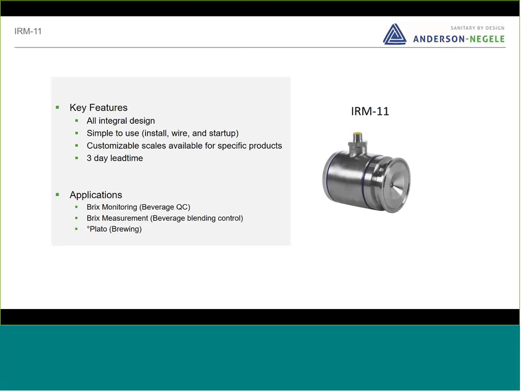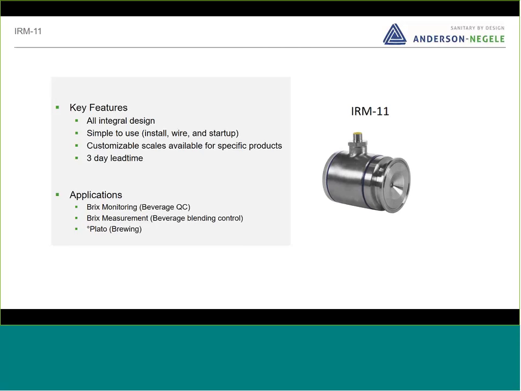We're going to work with a concentrated orange juice, and we're going to blend that with water to come to a final stream and maintain a constant Brix. In that instance, we put the IRM into the final stream line and continuously adjust the blend ratio of the water to the concentrate based on the measurement of Brix. So now we optimize that long run of orange juice based on the measurement of Brix by an IRM refractometer.